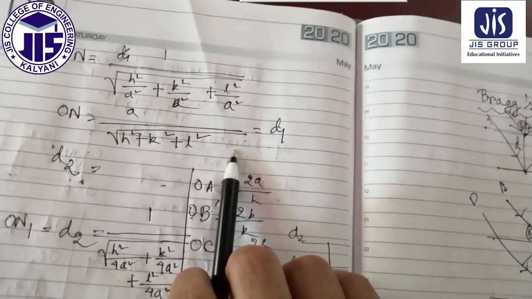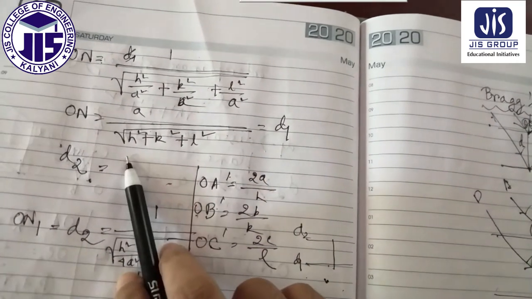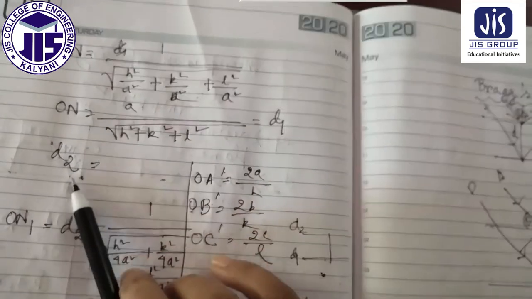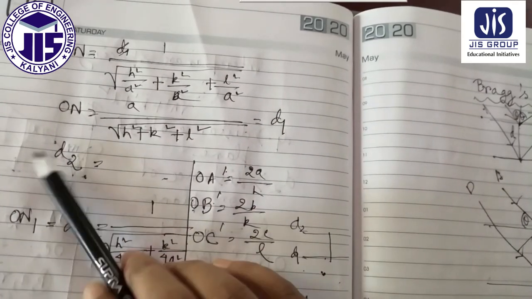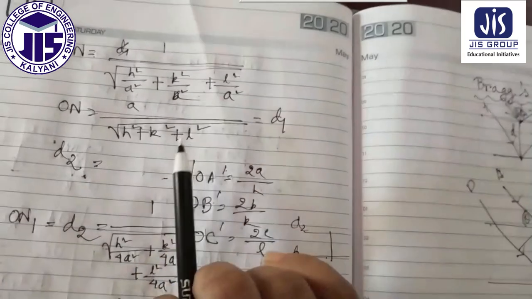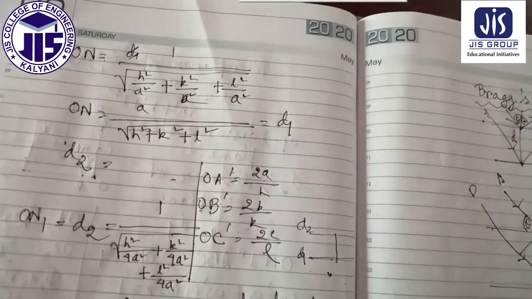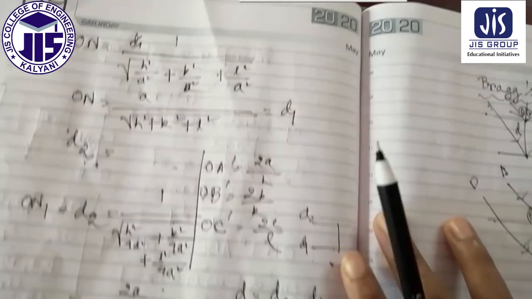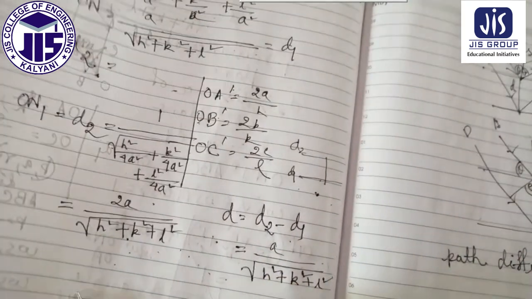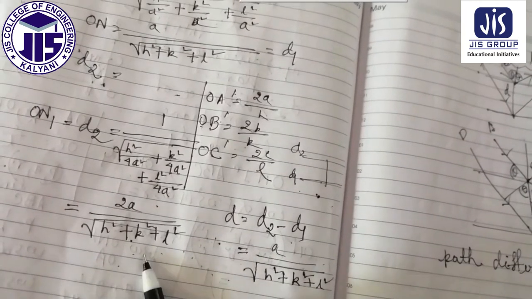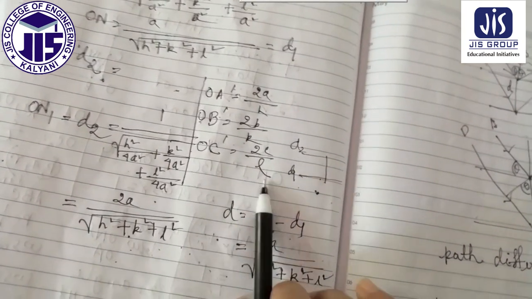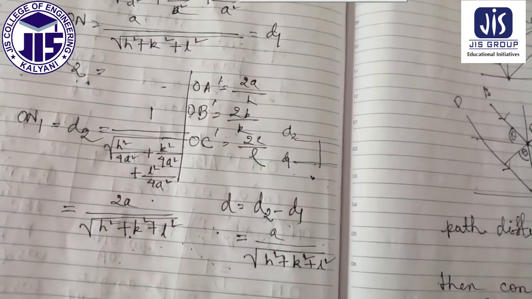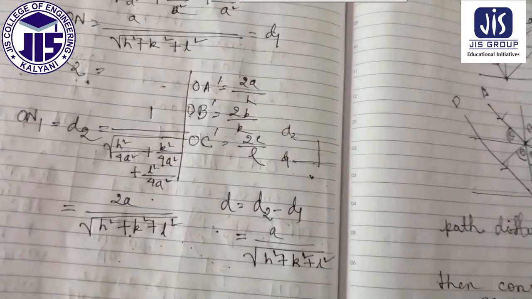Now since we have a cubic unit cell, A = B = C. Therefore ON = A / √(h² + k² + l²). Now for the next plane we have proved d2 = 2A divided by this. Therefore finally we can write d = d2 − d1 = A / √(h² + k² + l²).